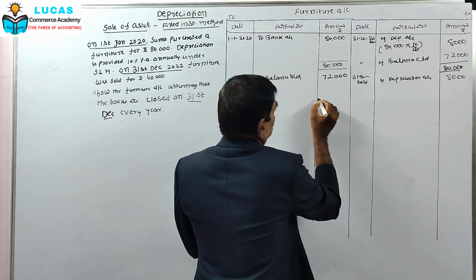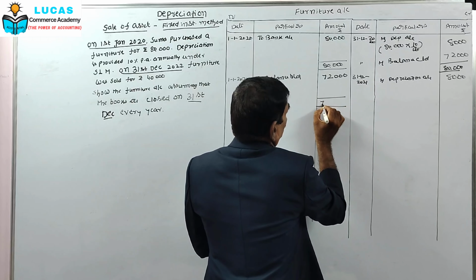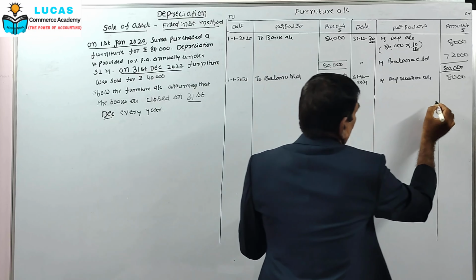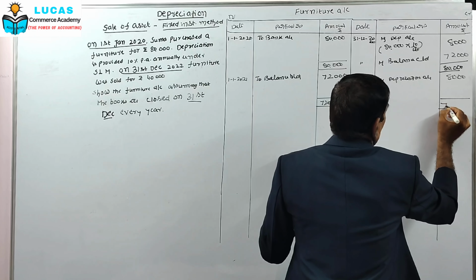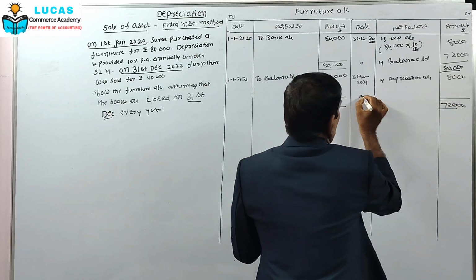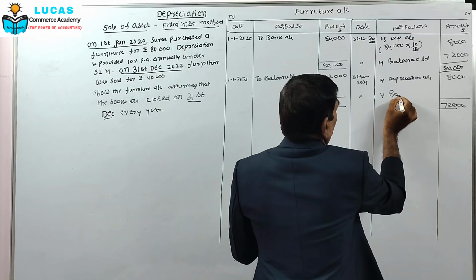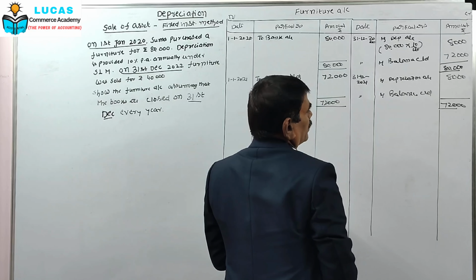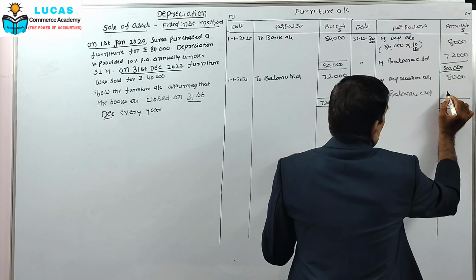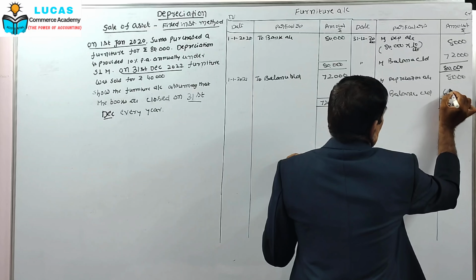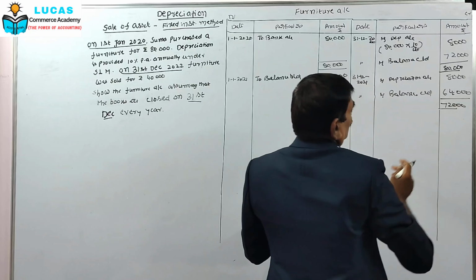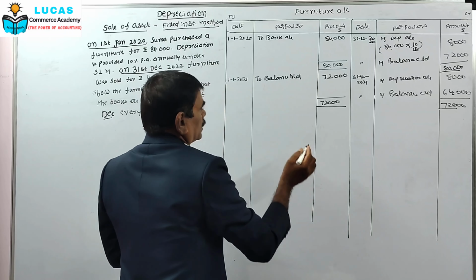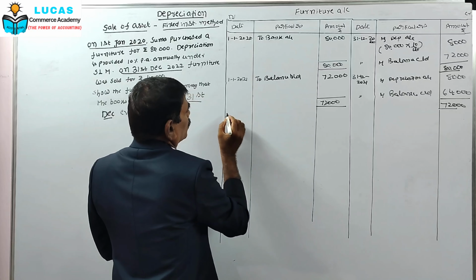So then balance 72,000. Same date by balance c/d. So 72 minus 8, 64,000. Okay. Good. 64,000. Then the same balance brought forward to next period.